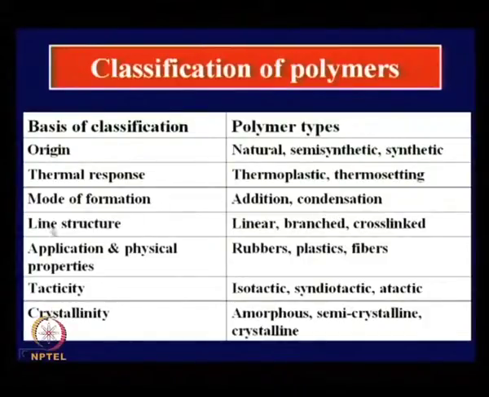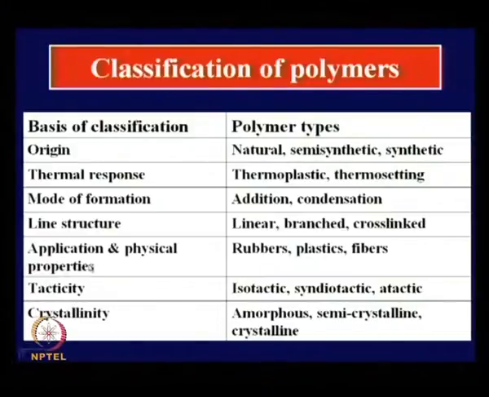On the basis of line structure, we find there are linear polymers, branched polymers, cross-linked polymers. And on the basis of application and physical properties, we find rubbers, plastics and fibers.